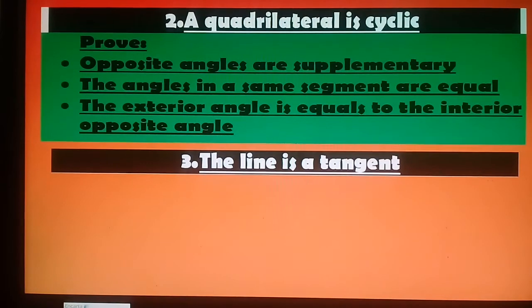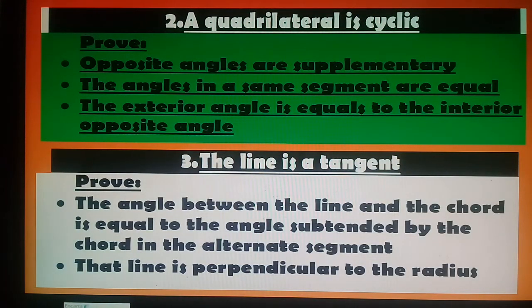If they say prove the line is a tangent, what do you know about that one? How to prove that a line is a tangent? Okay, we know these two things. If the line is a tangent, then the angle between the line and the chord is equal to the angle subtended by the chord in the alternating segment. Okay, first that one.